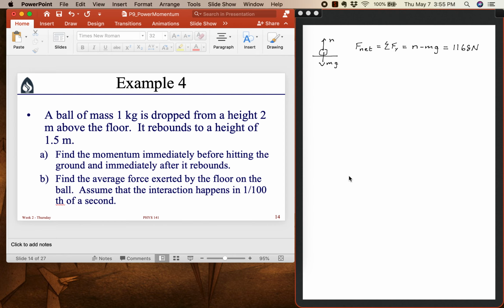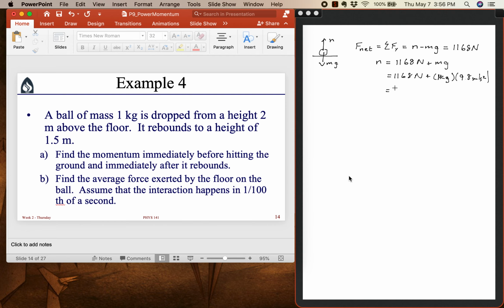So what we really want is the normal force, because that's the force of the floor on the ball. If we solve for the normal force, it will be 1,168 newtons plus the mass of the ball times the acceleration of gravity. Plugging in some numbers, the mass of the ball is 1 kilogram, and g is 9.8 meters per second squared.